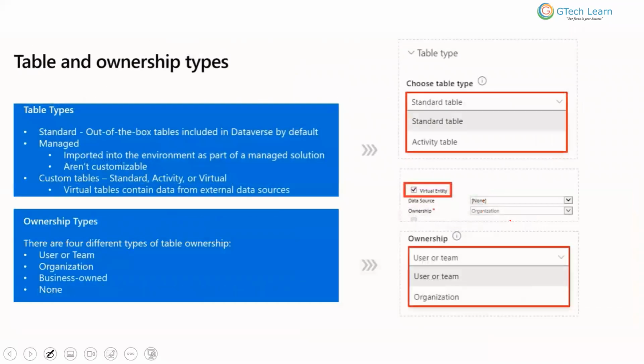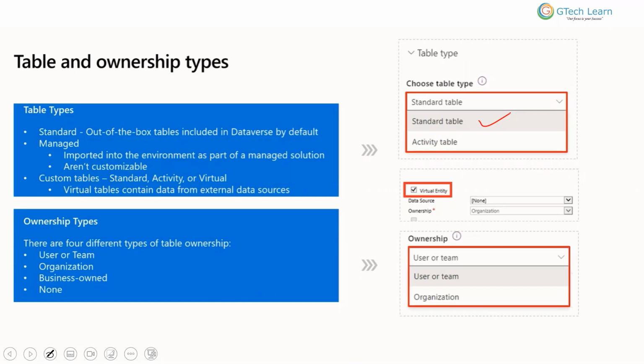Talking about the table type and the ownership type, this is also something we need to understand before going to the exam. In the table type, two different types of tables can be created. The first one is a standard table. The second one is an activity table. A standard table means we are creating a normal table where we store our data.